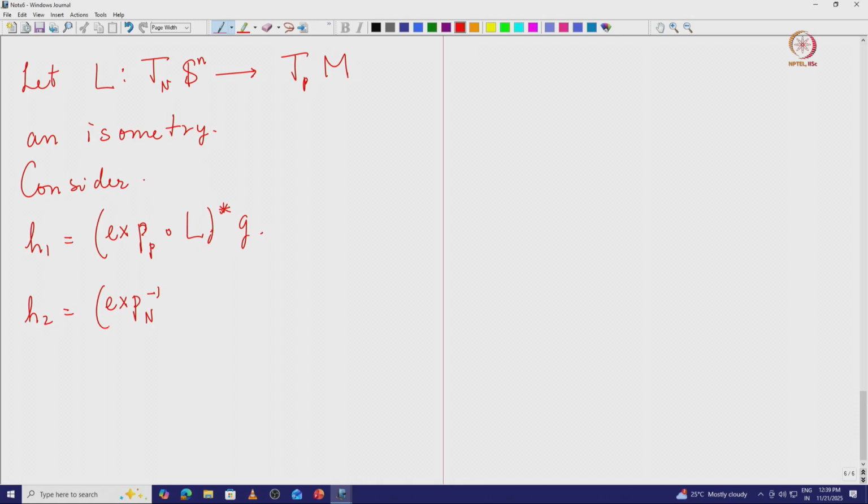So you just take the exponential map at the north pole and pull back the round metric on the sphere. So both of these are actually metrics on the ball of radius pi in the tangent space to the sphere at the north pole.